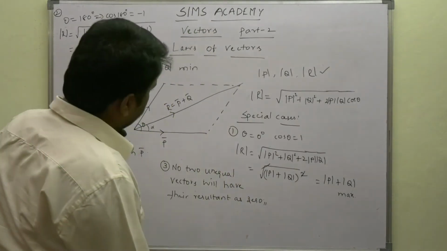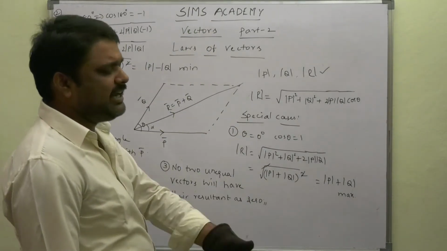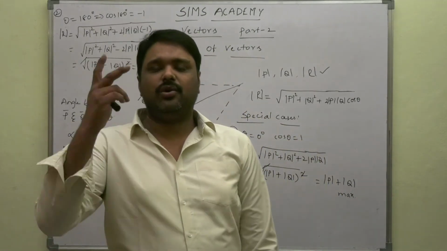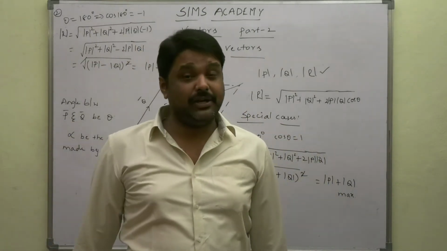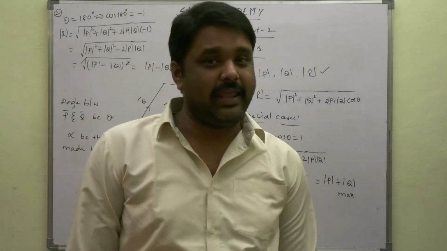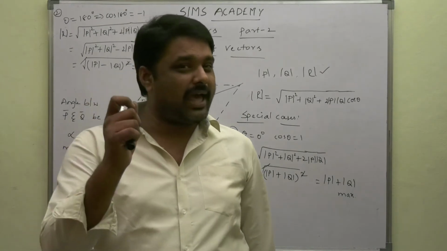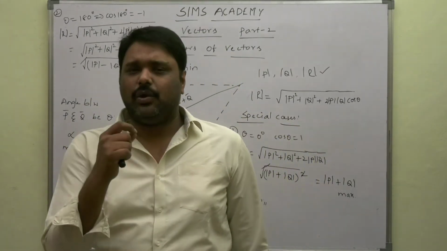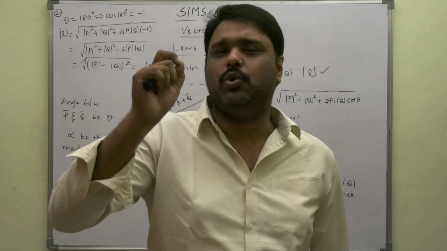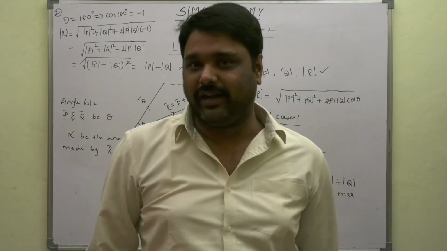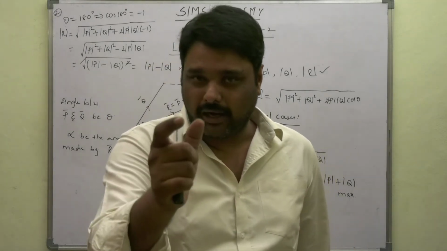Now we came to understand that the magnitude of the resultant of two vectors we have considered, P bar and Q bar, is given by under root of P square plus Q square plus 2PQ cos theta, where theta is the angle between the two vectors P bar and Q bar.